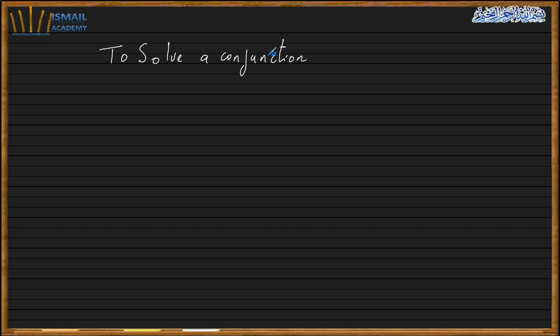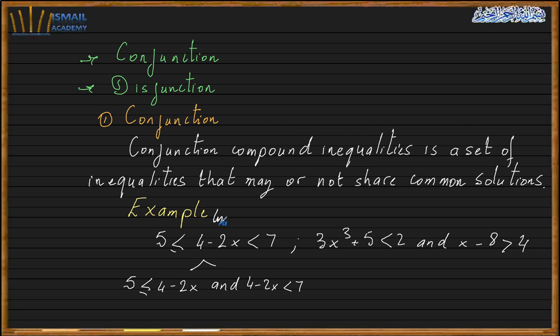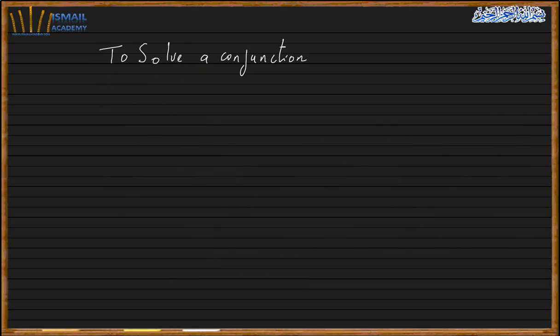That means we have to solve the two inequalities separately. If I call this type 1 and this type 2. When we draw the solution, we draw it in one number line. So that's the idea.